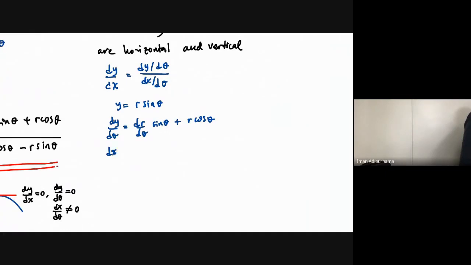And then dx over d theta is dr over d theta cos theta minus r sine theta. What you need to do is just use this formula, plug in the r here, plug in the theta, and then calculate the value, and then find dy over dx.